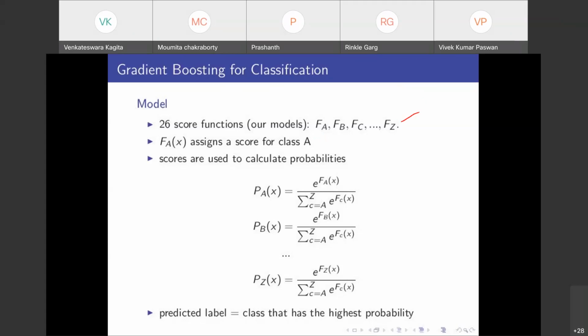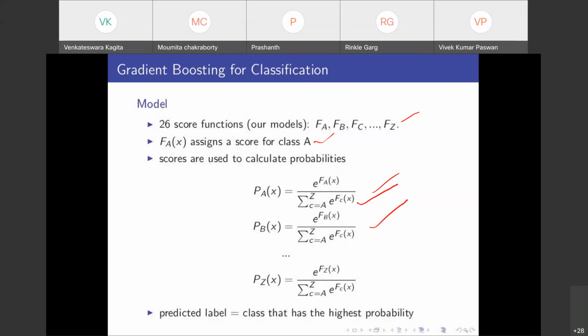For example, f_A of x assigns a score for class A, f_B of x assigns a score for class B, and so on. We use these scores to compute the probabilities. So probability that it is A is e power f_A of x divided by the sum over all the individual scores, e power f of x, A to Z. Similarly, we compute the probability for B, for C, and so on, for Z. And what is the predicted label?